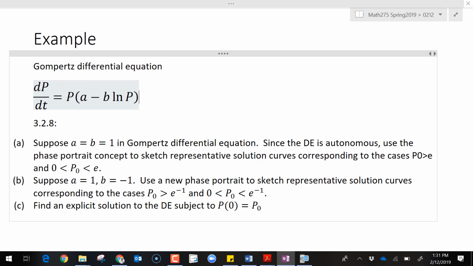Okay, so this problem is asking us to suppose a and b are equal to 1 in this differential equation. Then the DE is autonomous again. Use a phase portrait to sketch representative solution curves for the case where p naught is bigger than e. I guess I should put this in symbols.